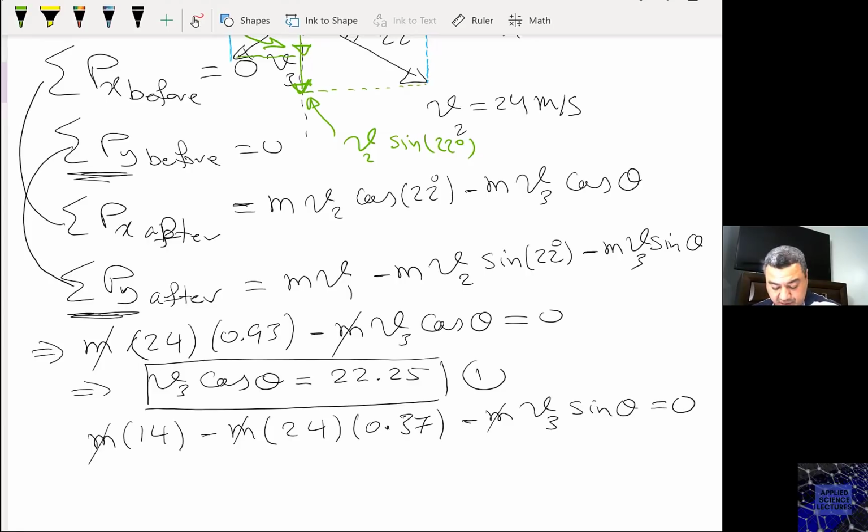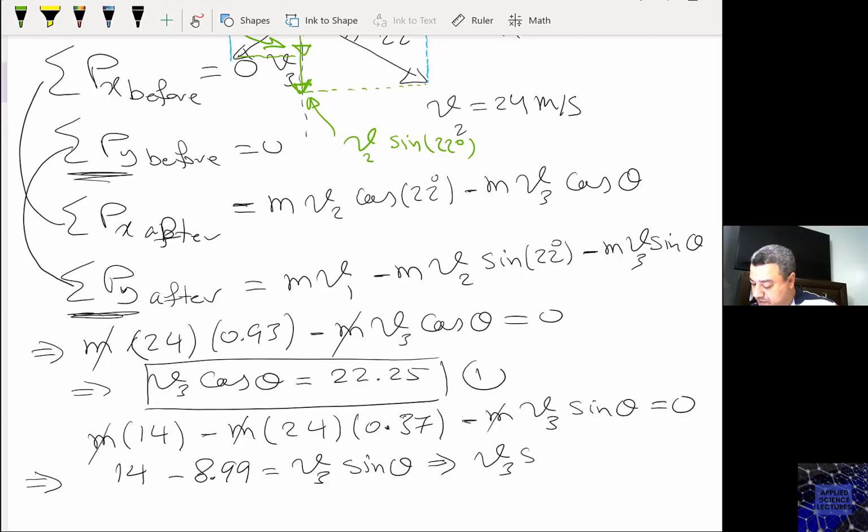And I'm going to end up with 14 minus 8.99 equals v3 sine theta, and v3 sine theta equals 5.01. So this is equation number 2.